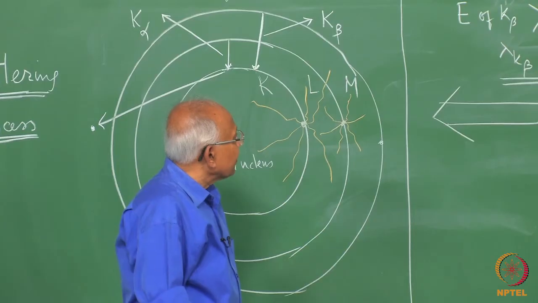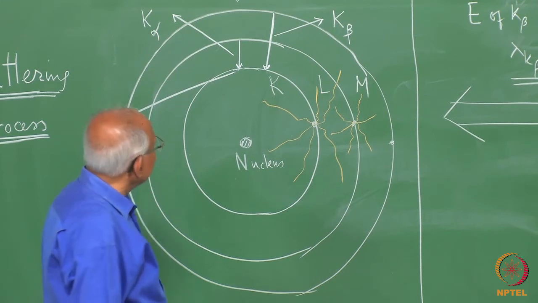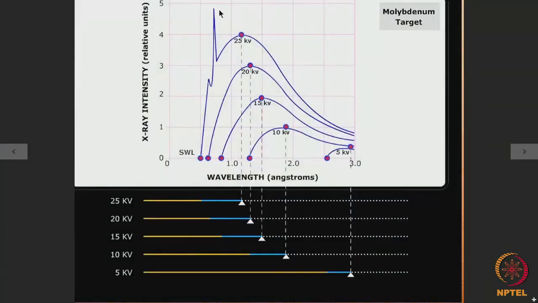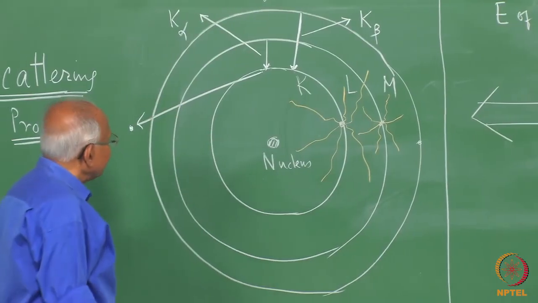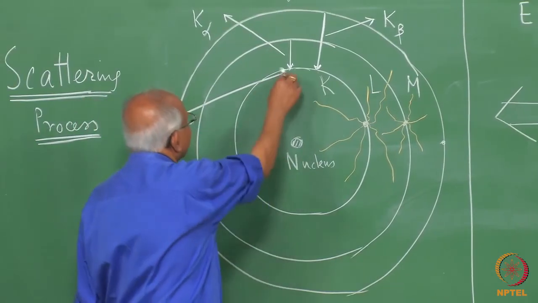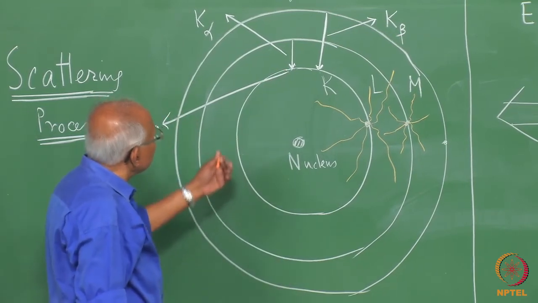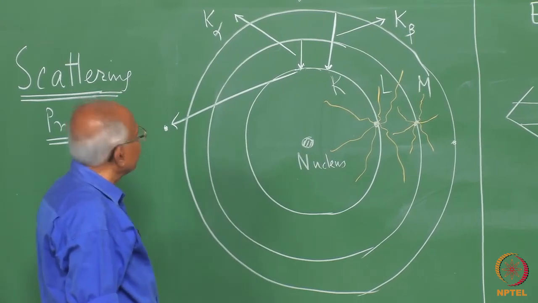But what about the intensity of K alpha and K beta? We find that K alpha has a much higher intensity here, as you can see, than the K beta. Why is this so? Well, this is due to probability. You see, when there is a vacancy in the K shell, who will have the maximum chance of occupying the vacancy?